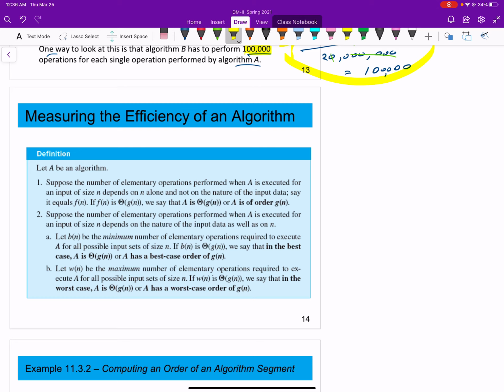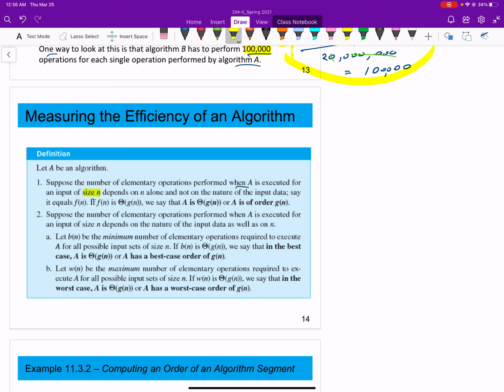Measuring efficiency of an algorithm. Here you have the definition, which explains how to measure the efficiency of an algorithm. Let me read this. Suppose the number of elementary operations performed when A is executed for an input size of n depends on n alone and not on the nature of the input data, say it equals f(n).